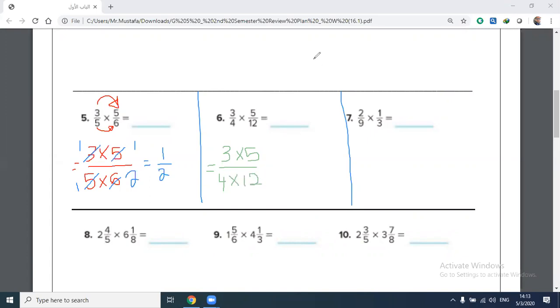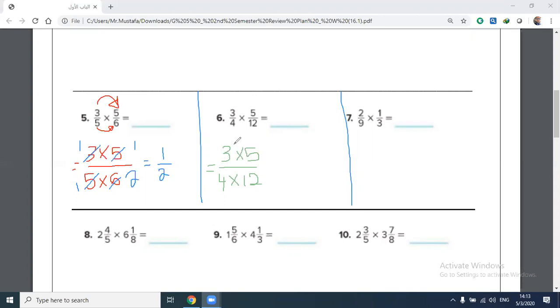And then, how do we simplify? Simplify means what? Divide. There is a common factor like 3 and 12. Yeah, we divide by 3.